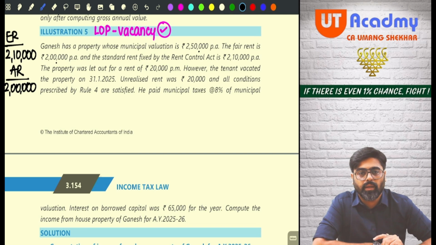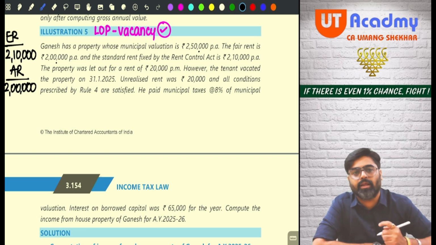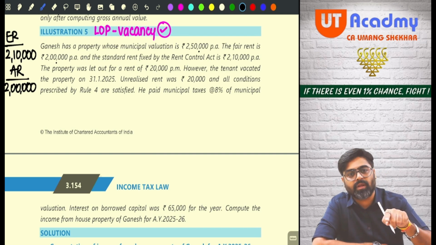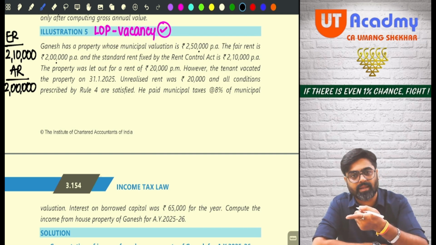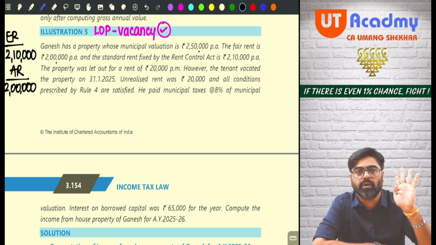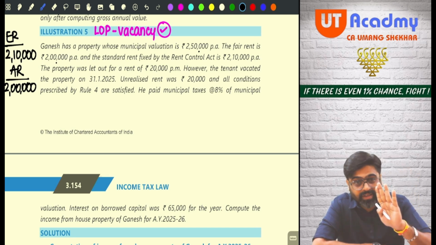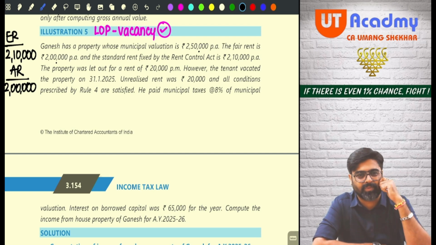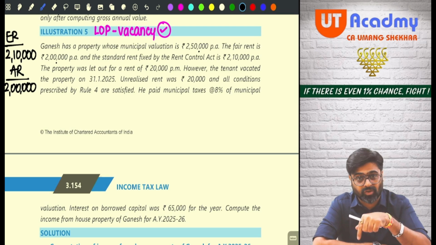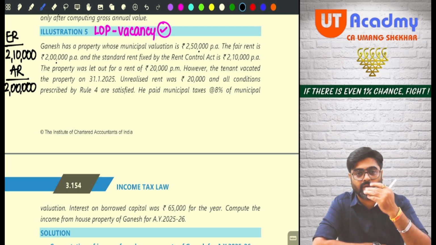Now tell me, is your actual rent higher than expected rent? No. If even after vacancy your actual rent was higher than expected rent, we would have taken actual rent only as GAV. But since your actual rent is lower than expected rent, I will have to see whether the reason for actual rent being lower is vacancy or not.